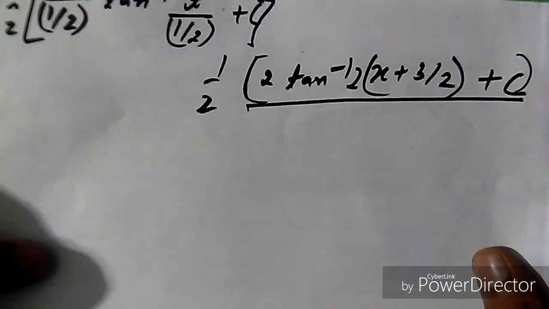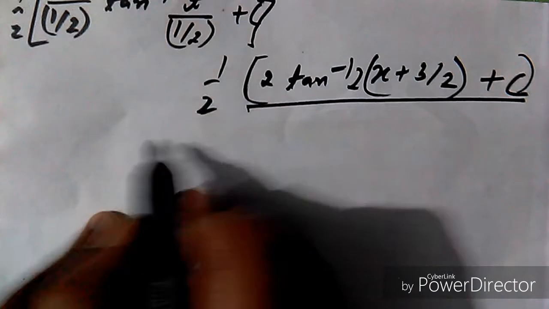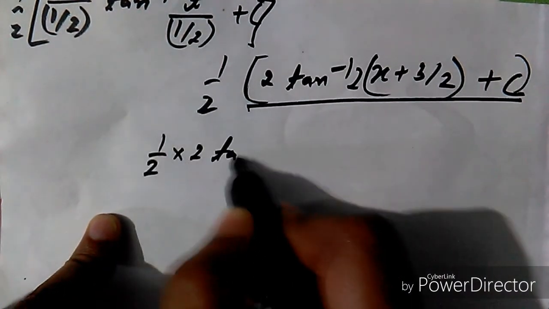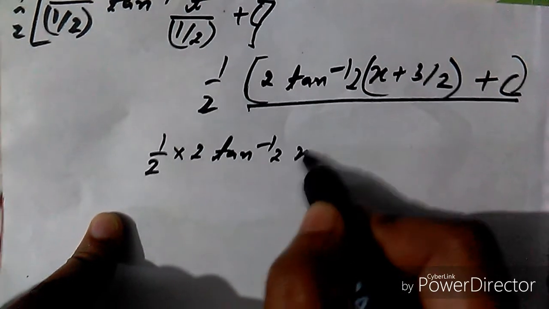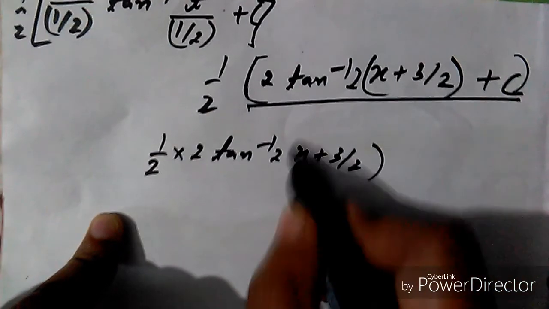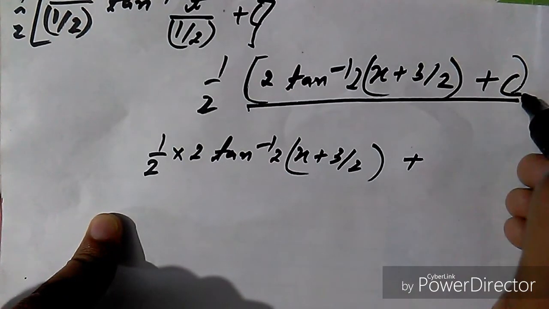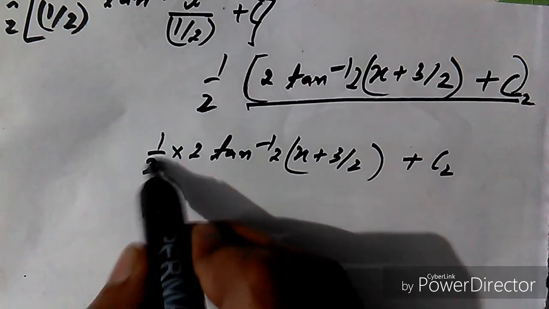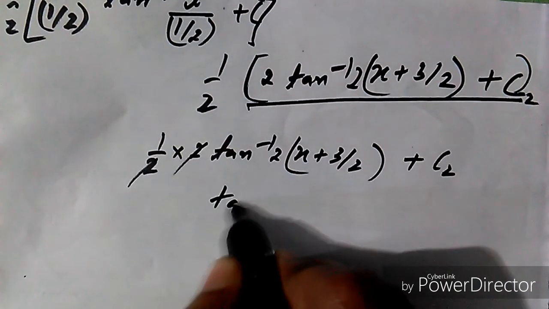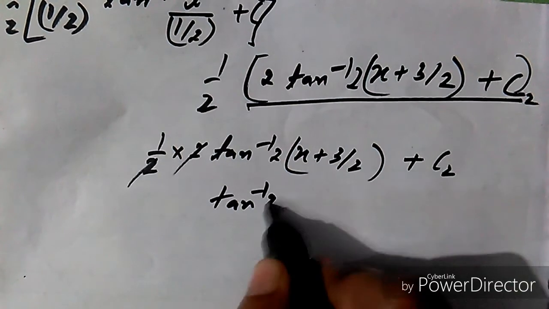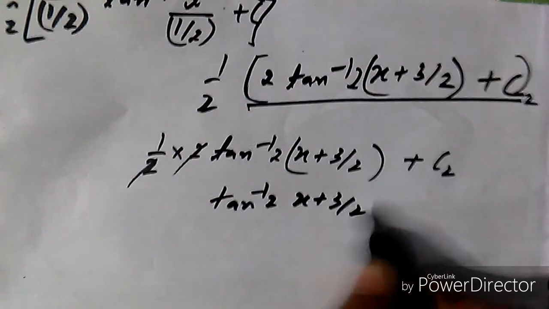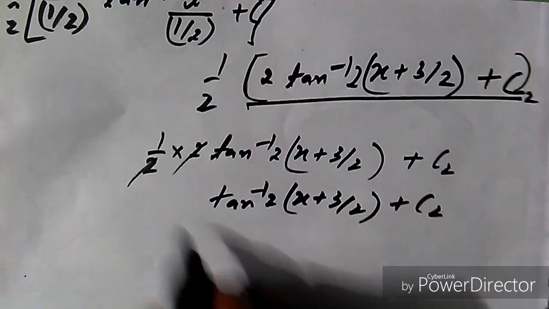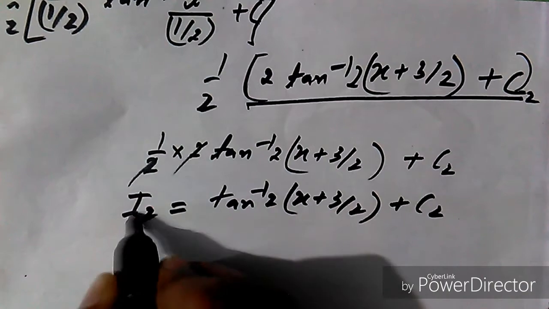Then 1 by 2, then open the bracket, 1 by 2 multiply 2 tangent inverse 2 times (x plus 3 by 2) plus c2, because we solve the I2 part of this question, then that is cancel, and tangent inverse 2 times (x plus 3 by 2) plus c2. Okay friends, now that is the I2 part.